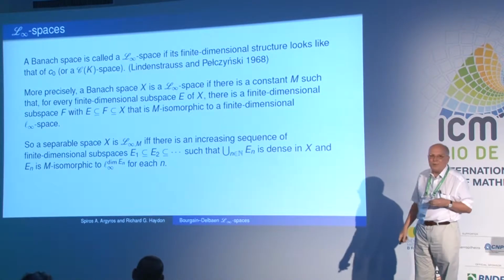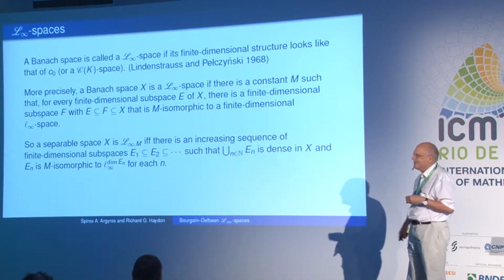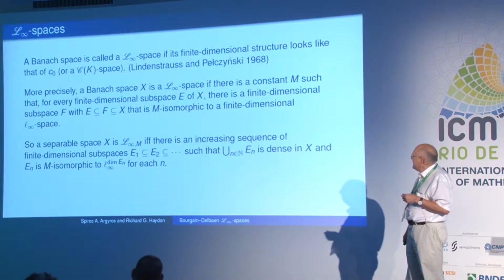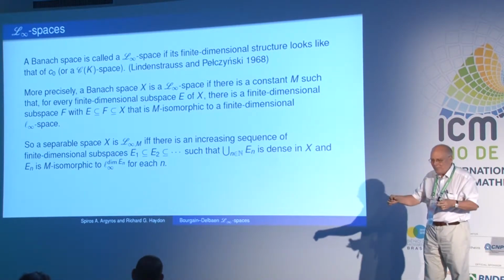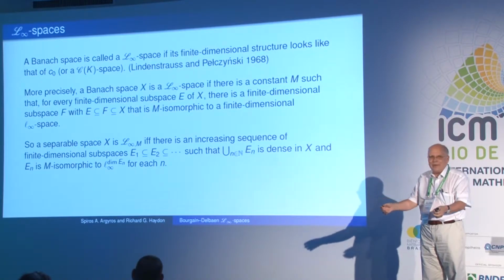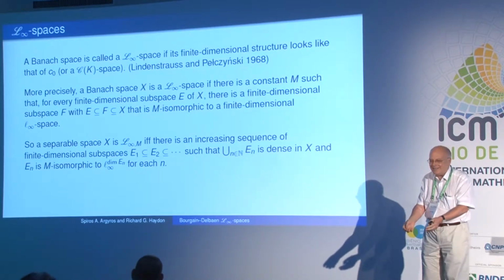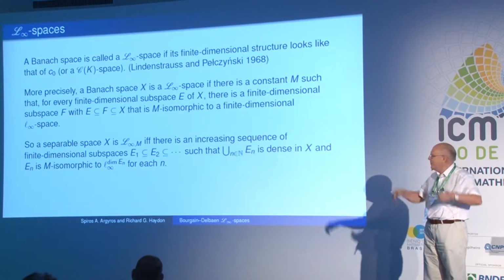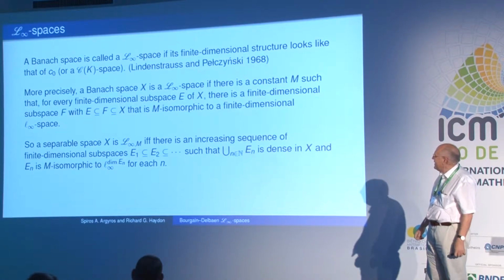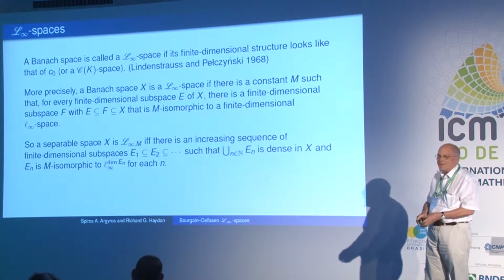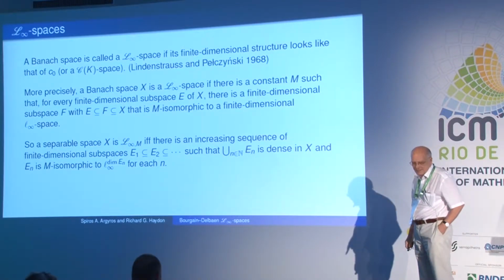And if you wanted to know the definition of a script LP space, you just replace the infinity with P. So, in the separable case, you can obviously arrange that your finite dimensional subspaces are nicely nested, so they form an increasing family whose union is dense, and each one is M isomorphic to the finite dimensional L infinity space of the right size.